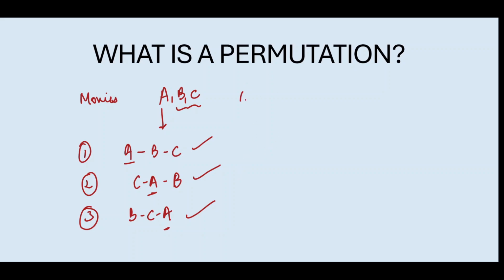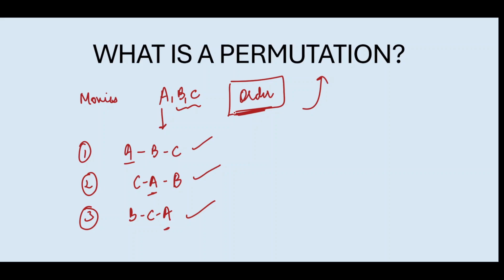So whenever the order of the people or the order of things matters in any arrangement, we always use permutations. You have to find out whether the order or the arrangement of the things or the people or anything else given in the question matters. If that order matters, then that is a case of permutation.